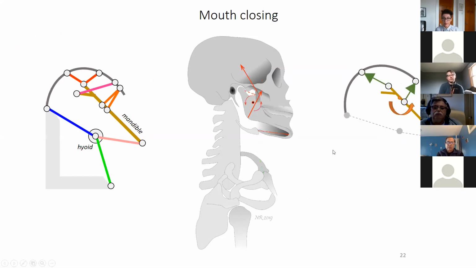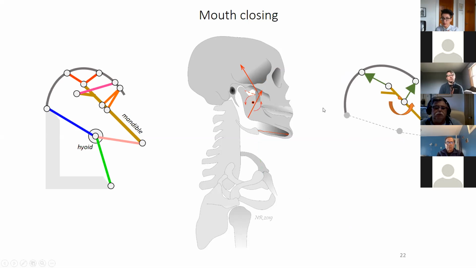When we close the mouth, then the couple rearranges slightly, and now we have a very massive bundle of muscular tissue, the temporalis, pulling the mandible up and backwards, and also we have the masseter pulling it in the closing direction.